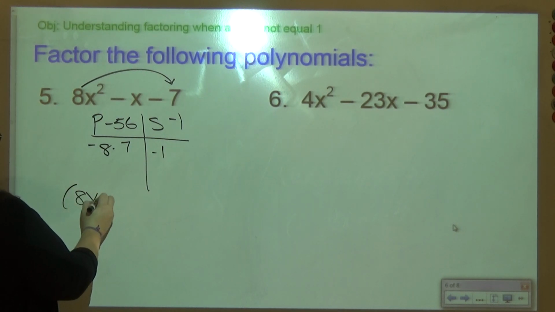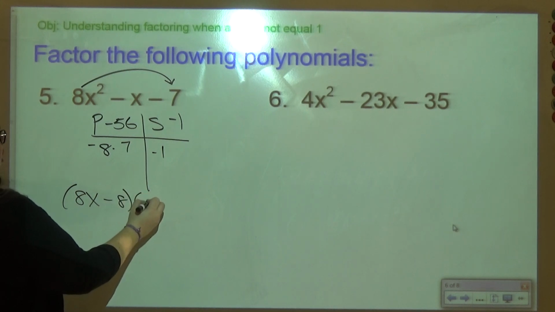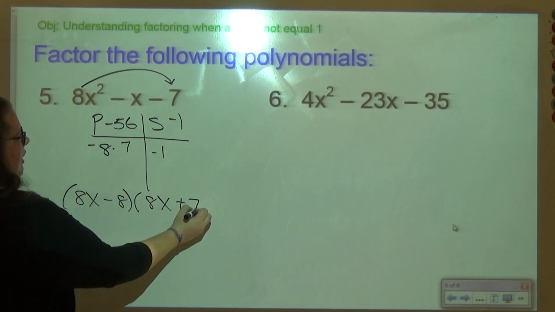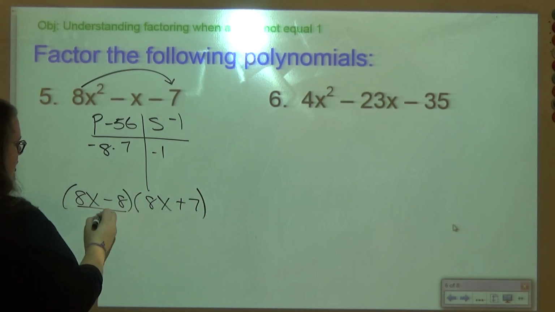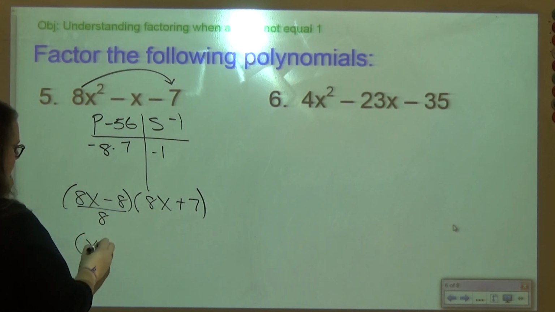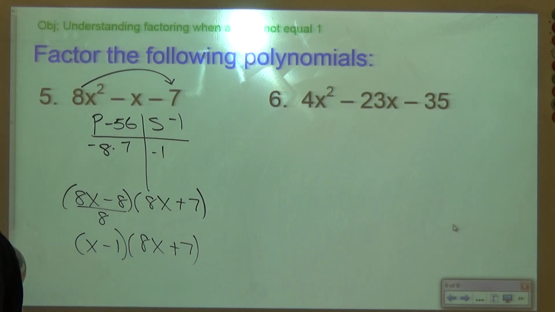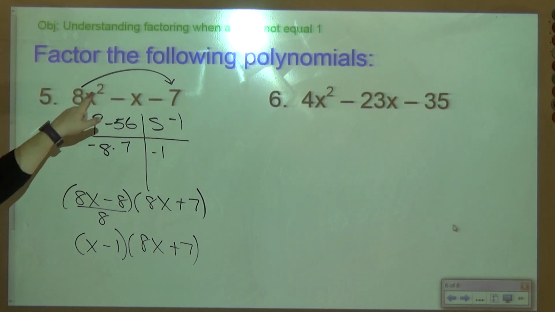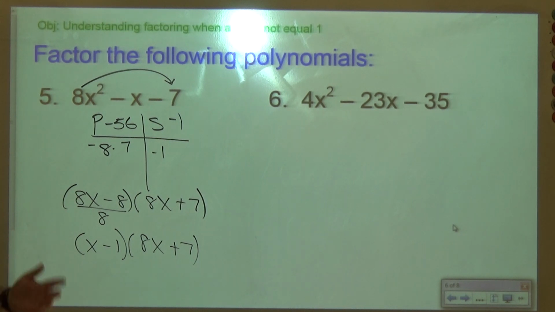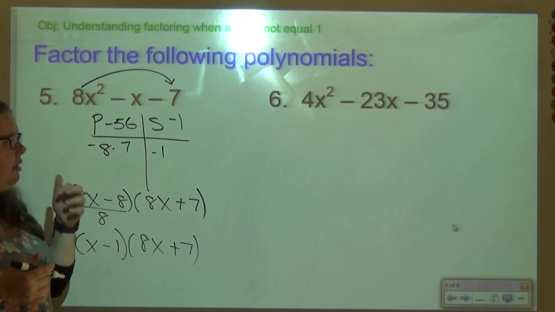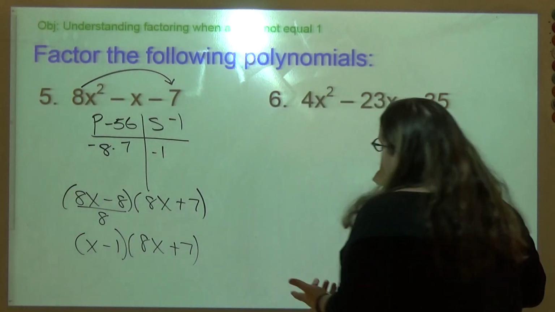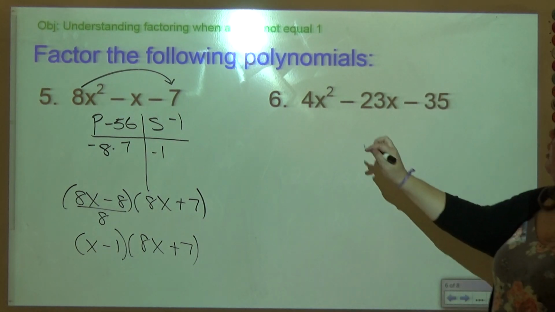So 8x minus 8, 8x plus 7, divide by 8, x minus 1, 8x plus 7. Okay, so you could probably figure these out, and there's nothing wrong with that. If you want to try guess and check, a lot of students like guess and check for these. That's how I learned it. Alright.